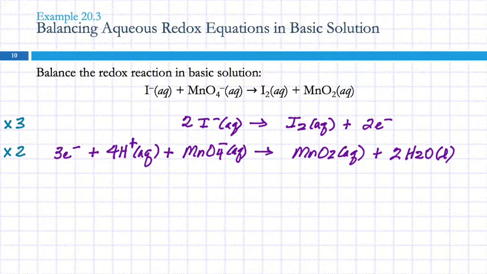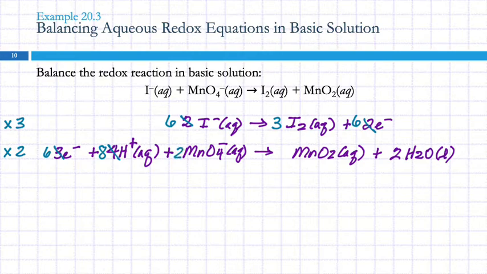So 3 times 2 gives me 6 of those. Here I'm multiplying by 3, so that's just 3, and this one is going to be 6. Down here I'm multiplying by 2, so 2 times 3 is 6. And multiplying this by 2, I get 8.